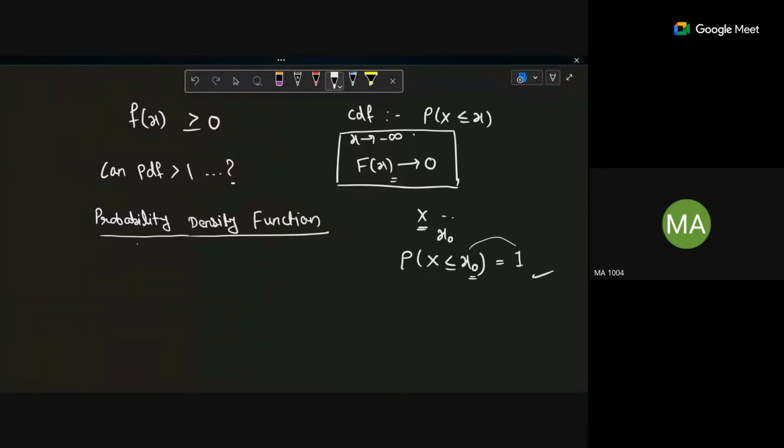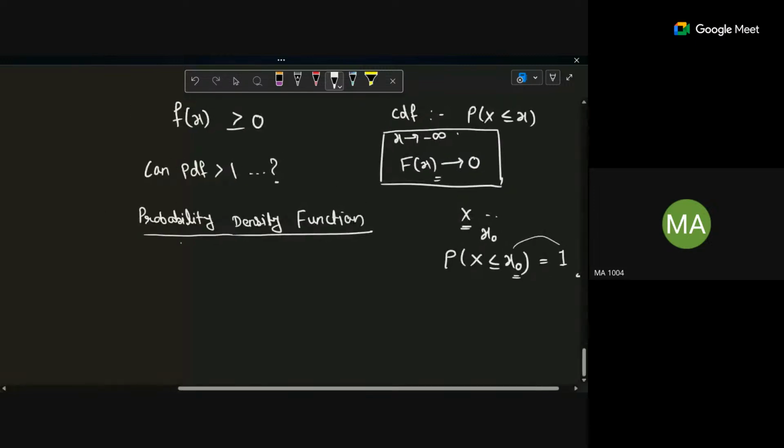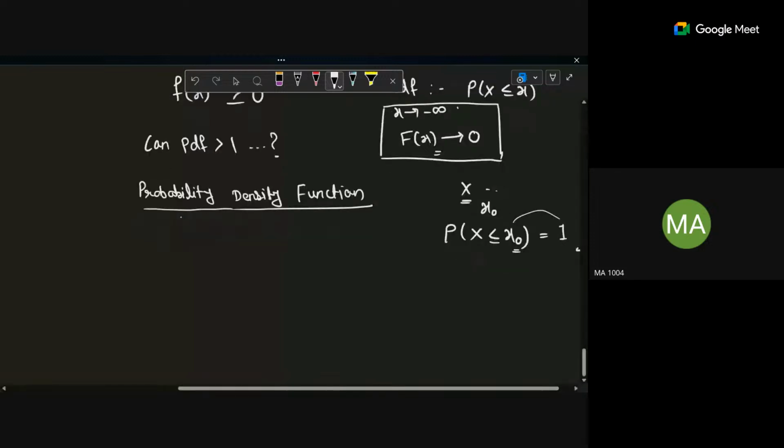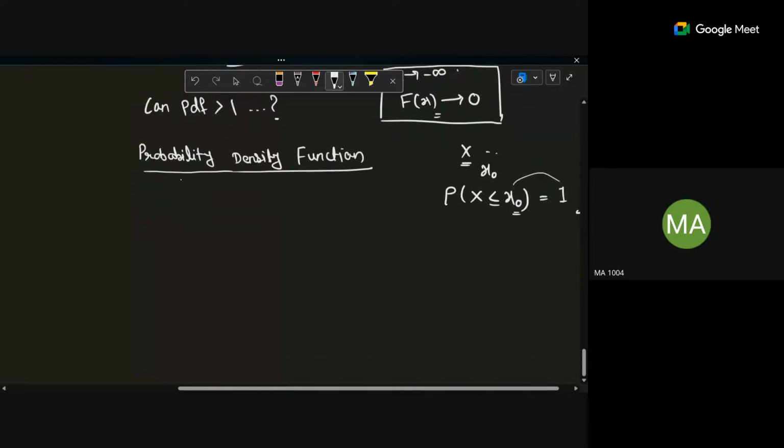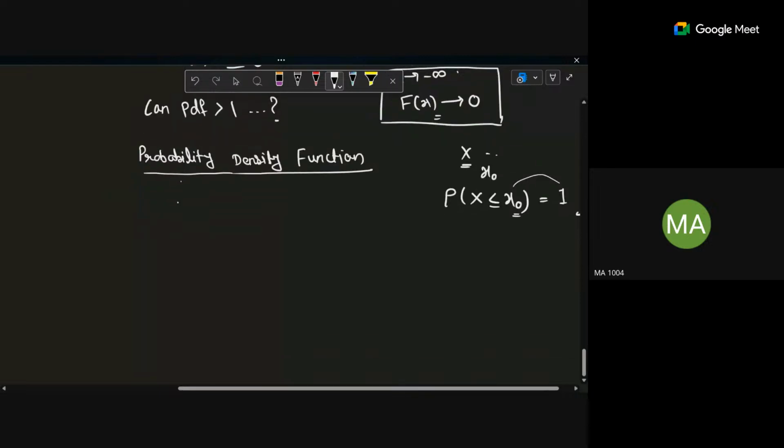Understood? But here it's a probability density function. It's not the probability of anything. It's giving the density for the distribution of the random variable x. As someone said, it's a density. In physics we say density is mass per volume.